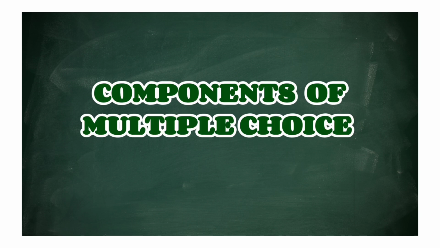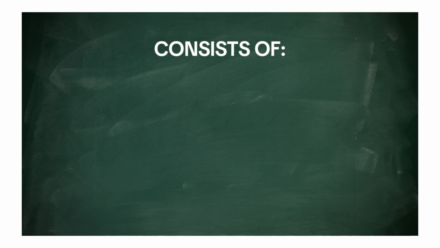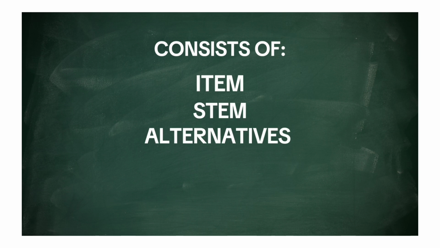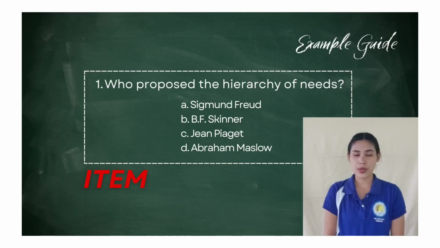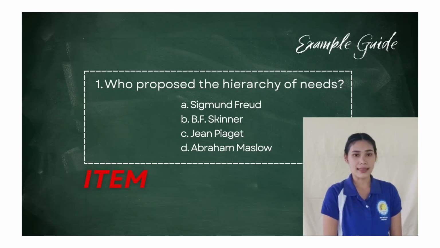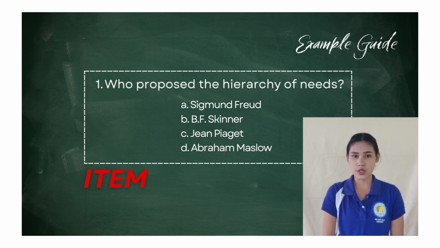We proceed to the components of multiple choice exam. A multiple choice exam consists of several components, which are item, stem, alternatives, key, and distractors. So first, what is item? A test question, both the problem itself and any answer choices, is called an item.